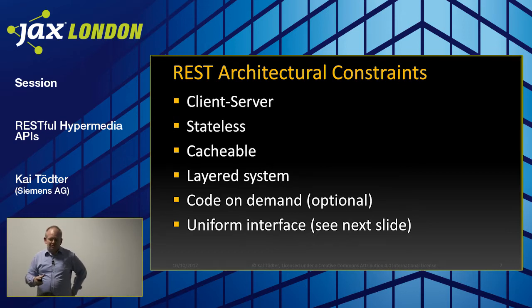Stateless is one of the most important things from my point of view. That means that all information that a RESTful web service needs to operate is given at a call. So what parts of information do we need? First, we have the URL where we make the call that might contain parameters. Then we have so-called request headers.